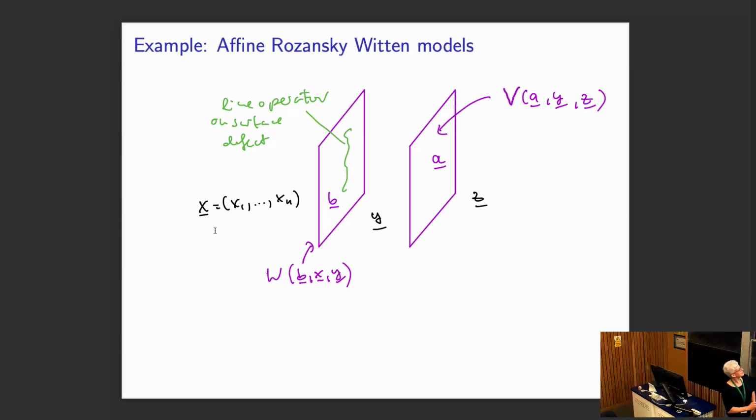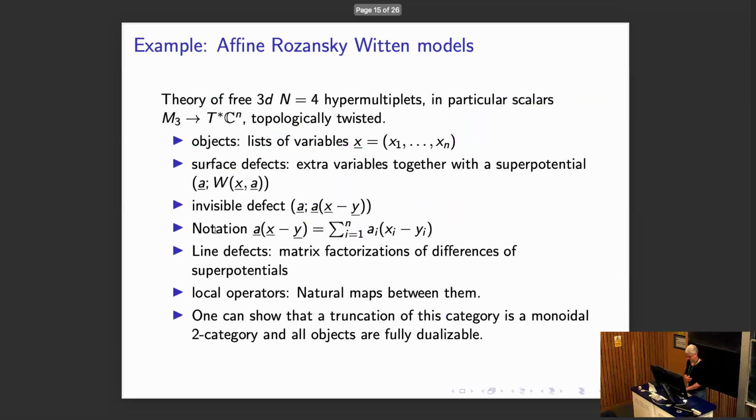Okay, I have two such things in my picture. This surface defect maps between these two theories, and then there's this other one labeled by other variables and the appropriate bulk variables like this. Let's summarize this again on the slide.